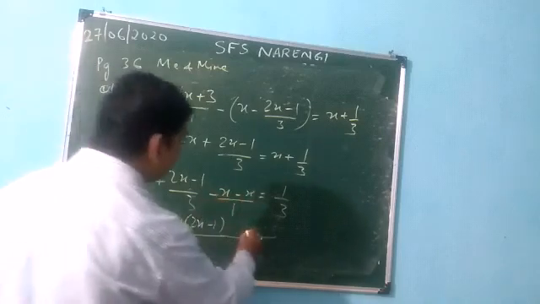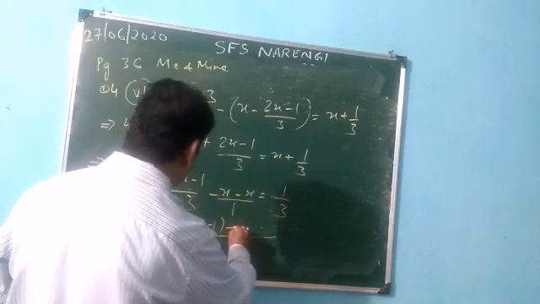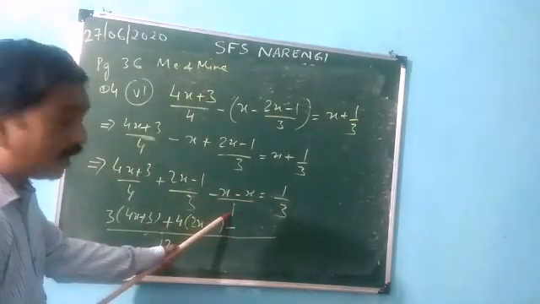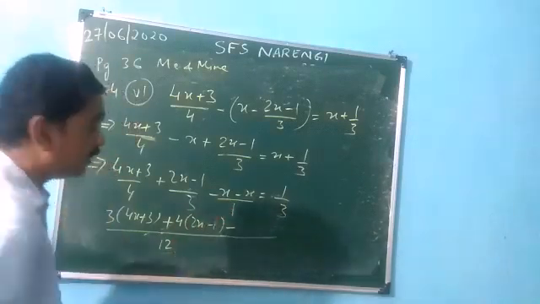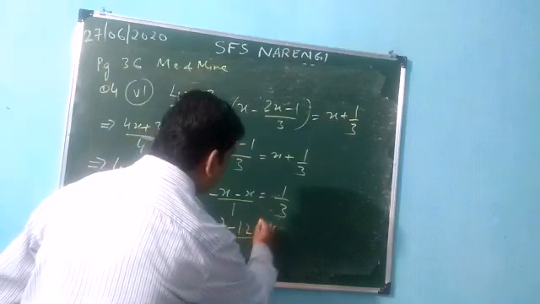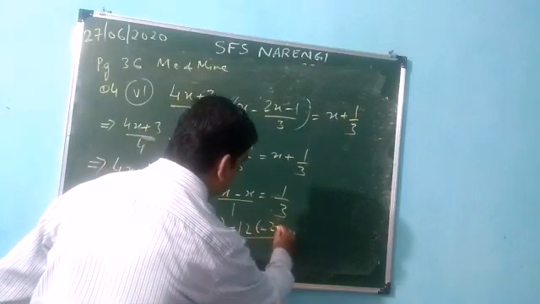And this is minus 2x, but there is no number here, so that number is 1; 12 divided by 1, the answer is 1, so it will be 12 into minus 2x.